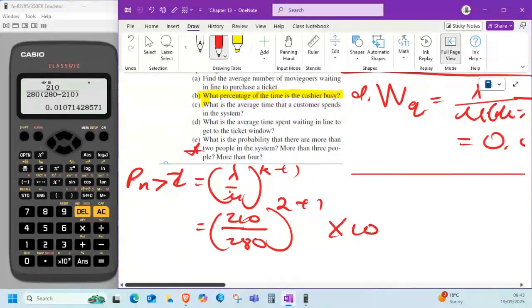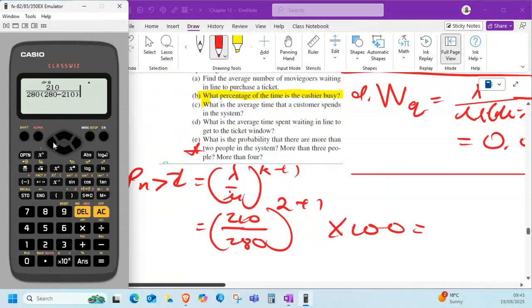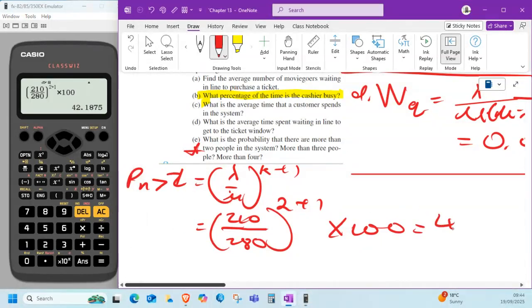Because I want it in the form of a percentage, you do this now and then 2 plus 1 multiplied by 100, which gives 42.19%. Okay.